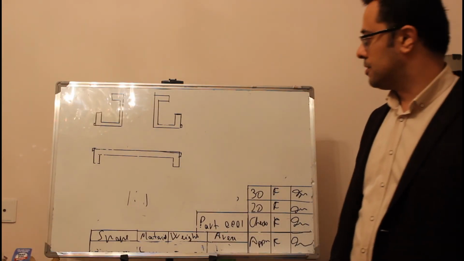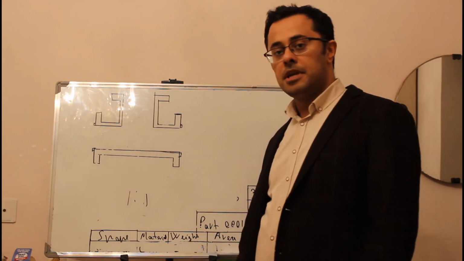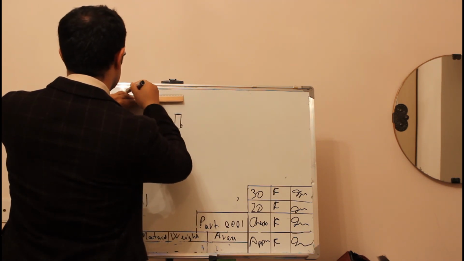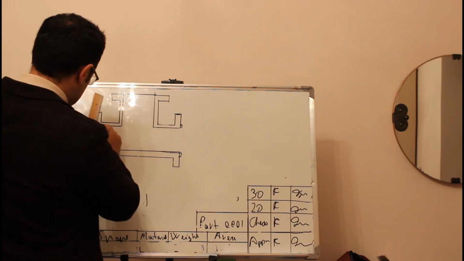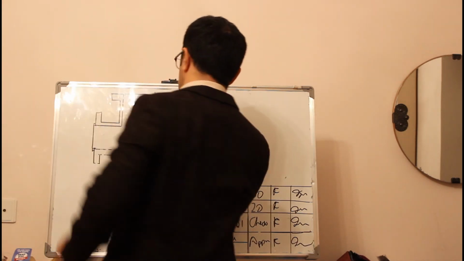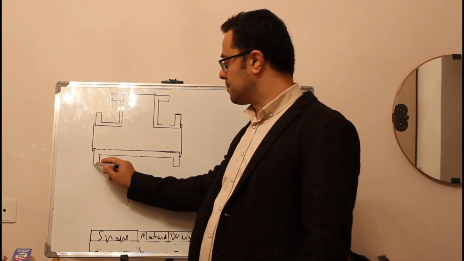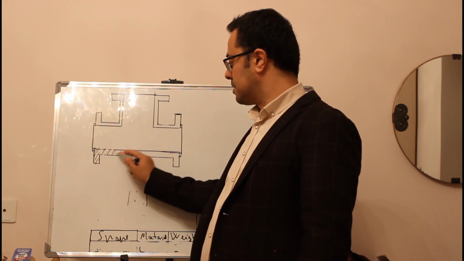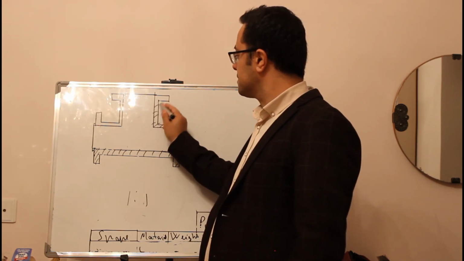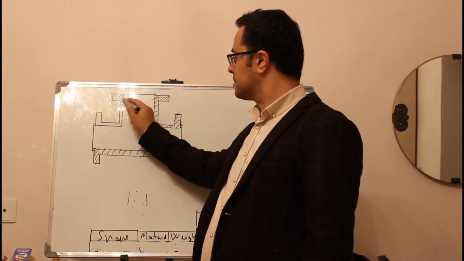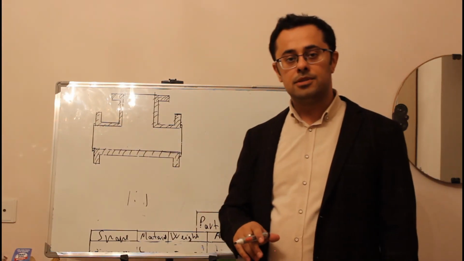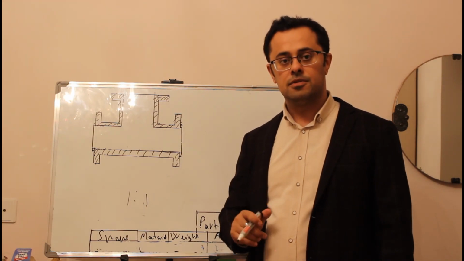The cross-sectional view of the gate valve, because I forgot to put this. So for that, put it like this and like this. This is cross-sectional view. So it's cast iron, as you see. And how do I know it's round? Great question, huh?